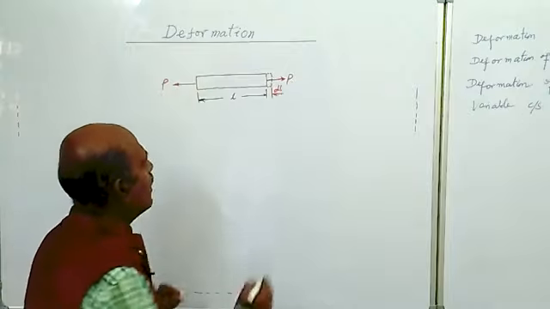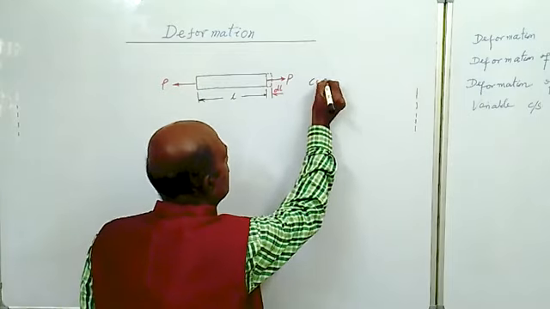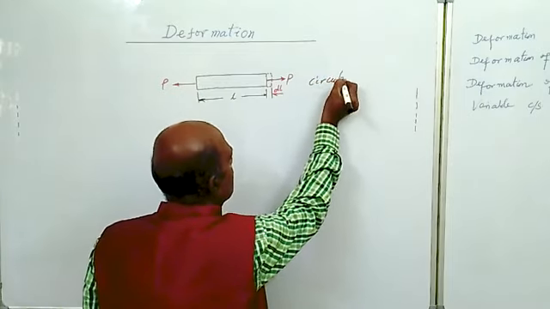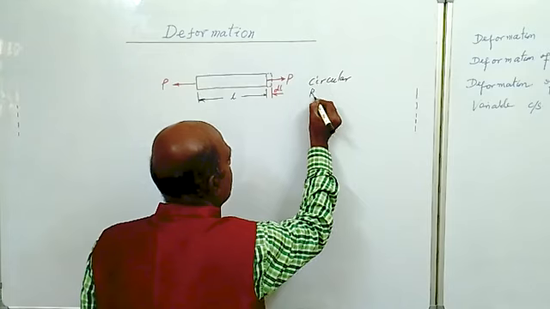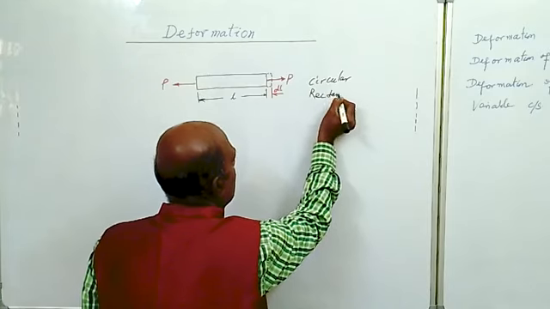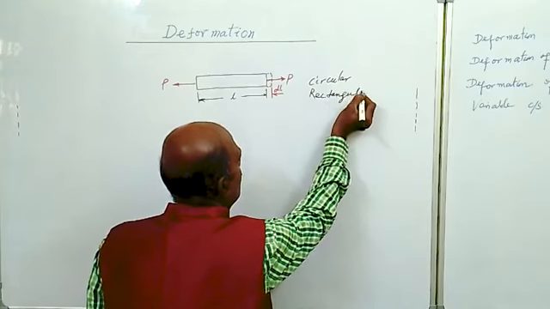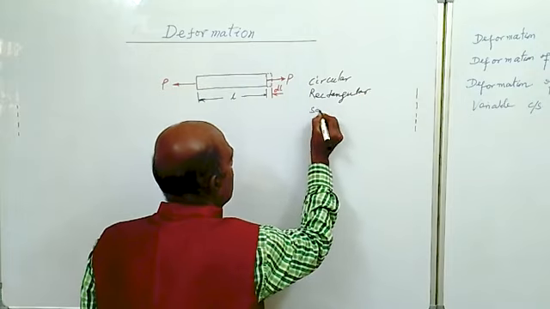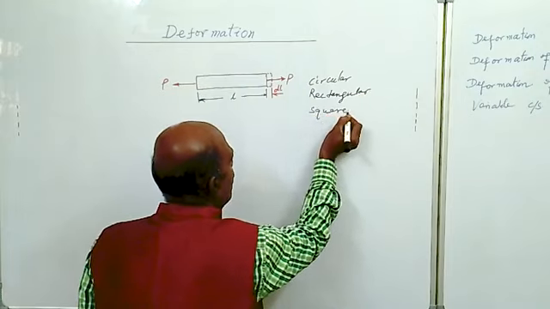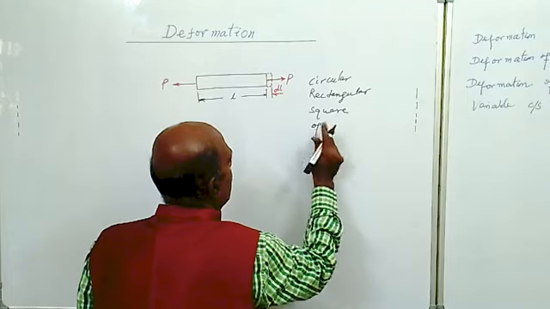The cross section of the bar may be circular, may be rectangular, it may be square or a hollow bar.